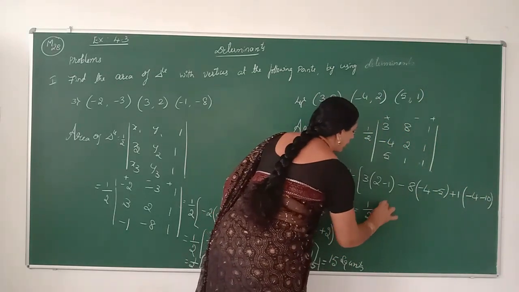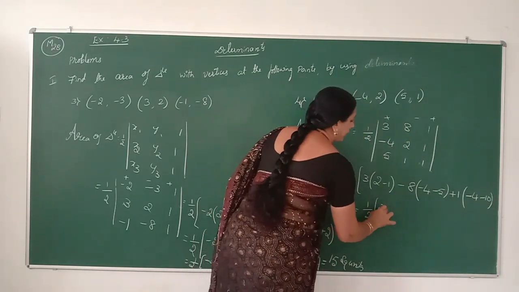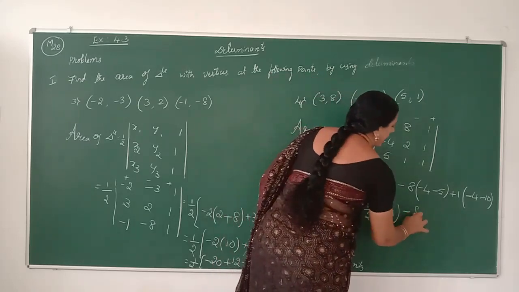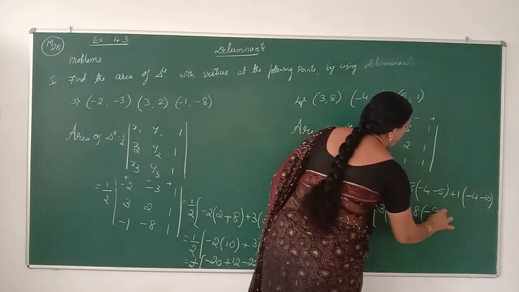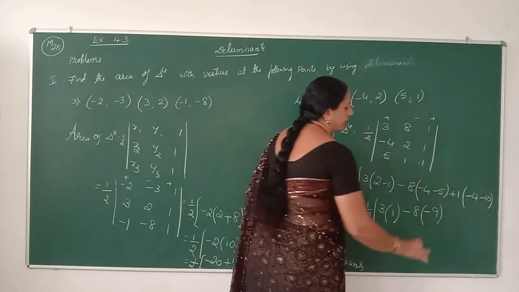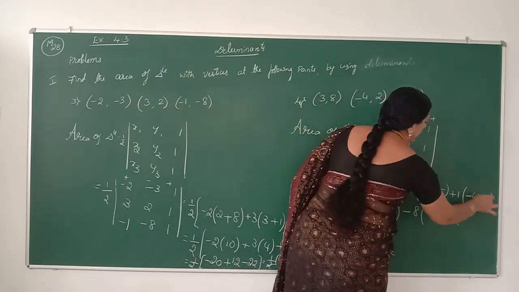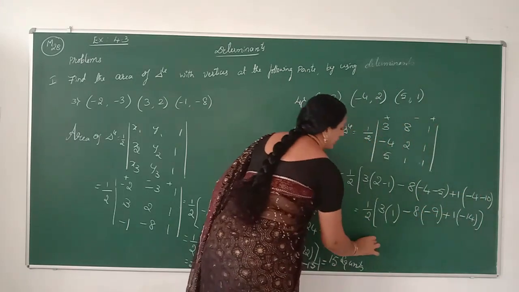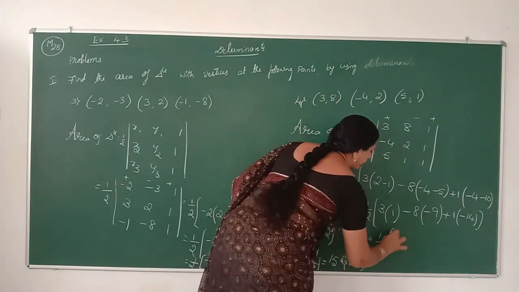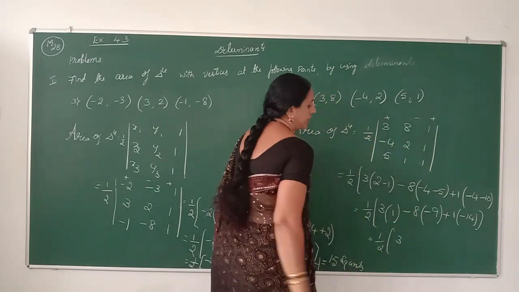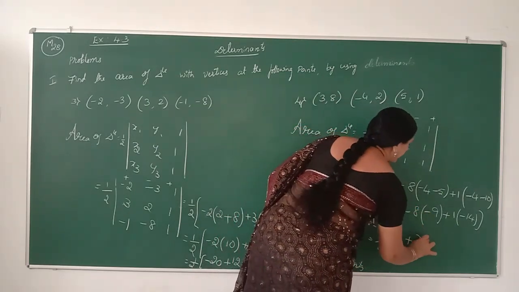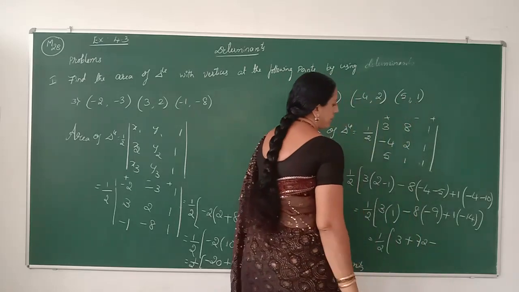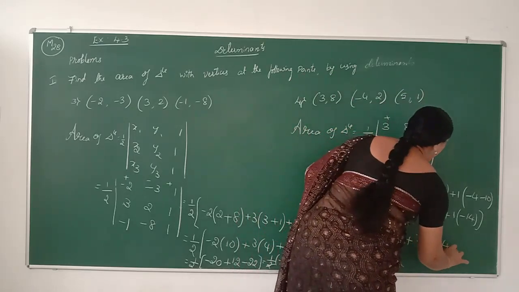That is half of: 3 into 2 minus 1 is 1. Minus 8 into minus 4 minus 5 is minus 9. Plus 1 into minus 4 minus 10 is minus 14. That is half of: 3 into 1 is 3. Minus 8 into minus 9 is 72. Plus into minus is minus. 1 into 14 is 14.